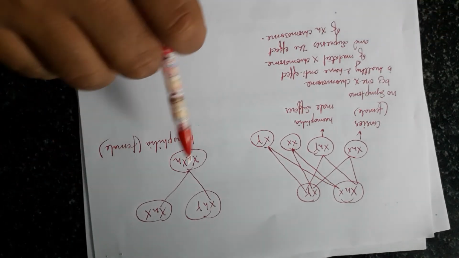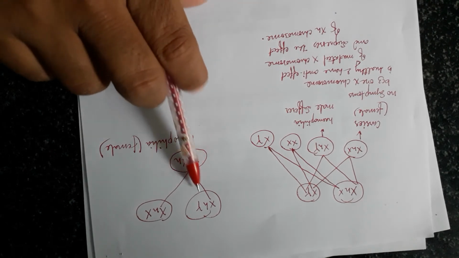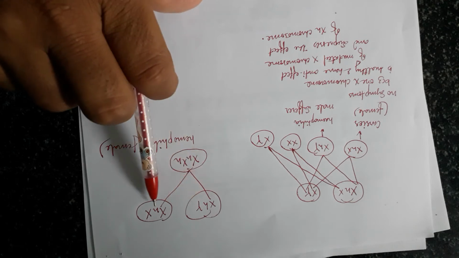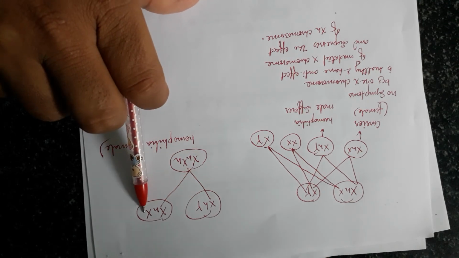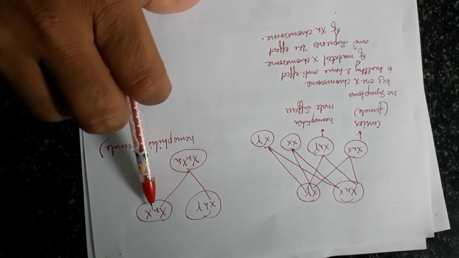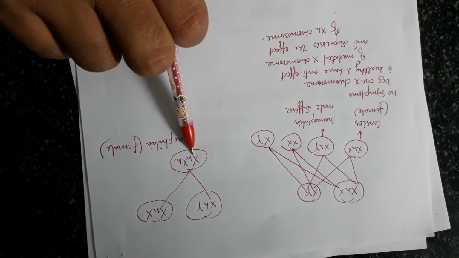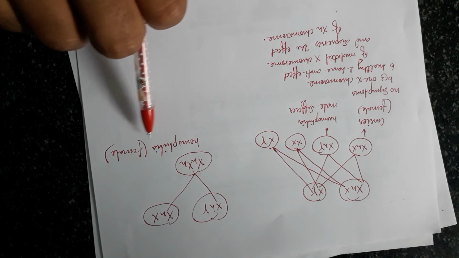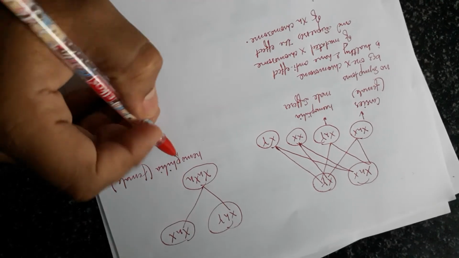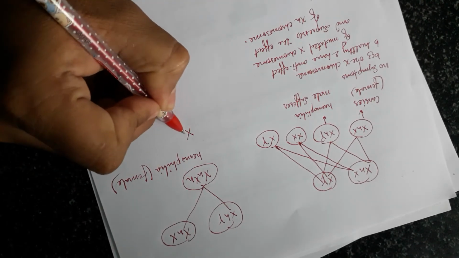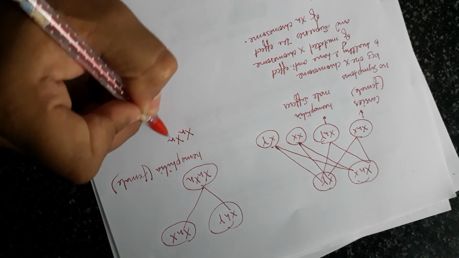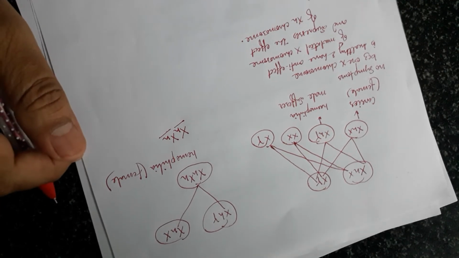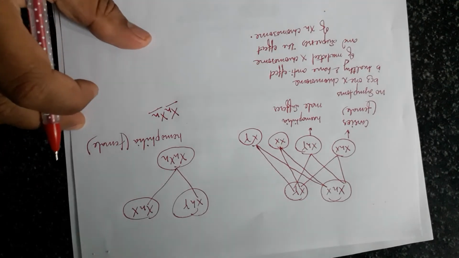Females can get it very rarely, if XHY gets married with XHX, then their daughter will have this condition, XH and XH. This is the hemophilic female. So for a female it has to be recessive, meaning it has to be present in both X chromosomes, then only hemophilia will take place.